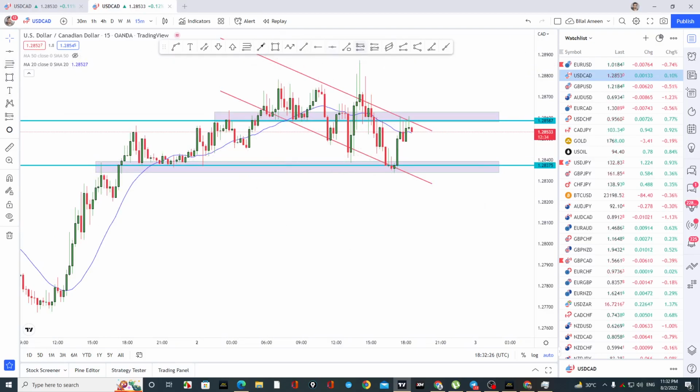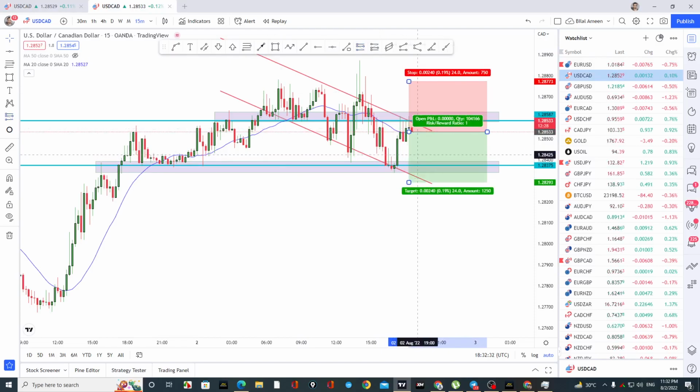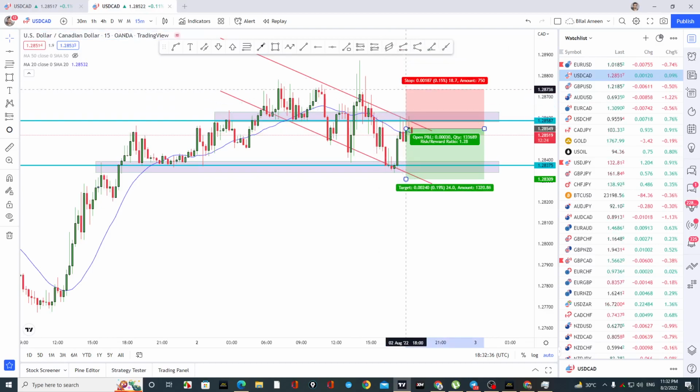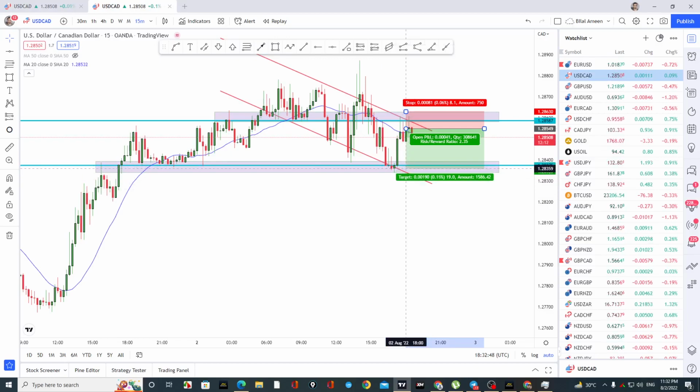So this is our first trade in market: we will get our first trade on this point and keep our SL above our trend plus our support and resistance level and our supply zone. So this is our first target in the market.